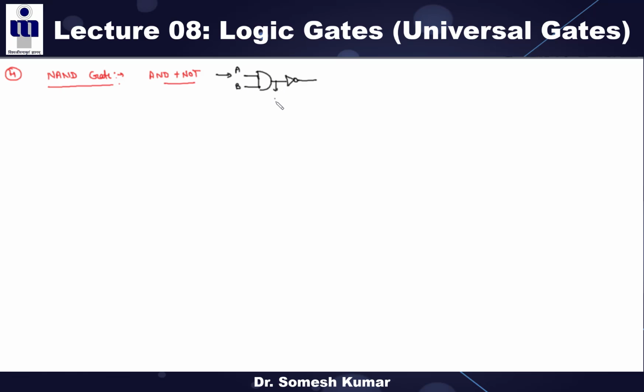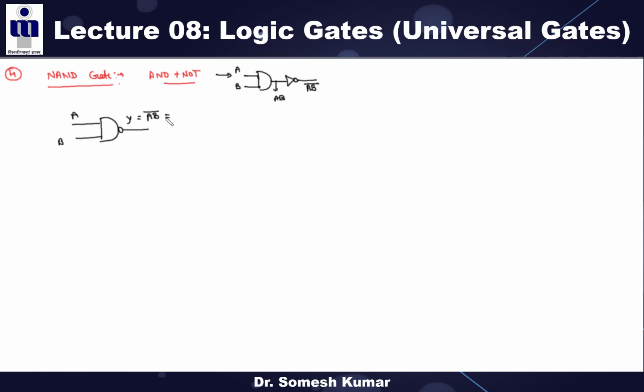This is AB, and here you are getting AB bar, right? So, collectively, we are representing the NAND gate with this symbol. Right? So, this is your NAND gate. Clear?